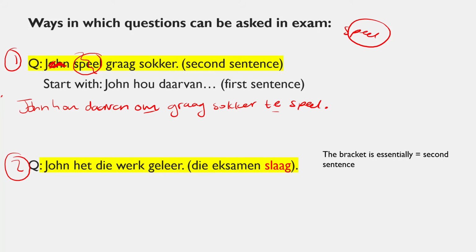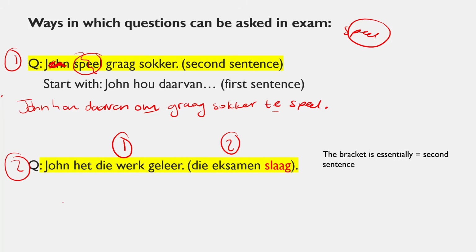Another way they can ask you, and this is what I often see in matric final papers, is that they put it in a bracket, and that is the key. So my steps, remember, I say 2 sentences. Now in the exam you might say, ma'am, you said I must look at 2 sentences, but there's a bracket. There's only 1 sentence. So the bracket is going to be your second sentence. Whatever is in front of the bracket is your first sentence. What's in your bracket will be your second sentence, and you will do the same steps exactly as is.